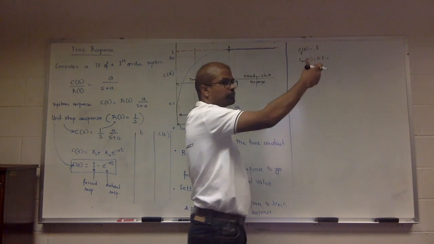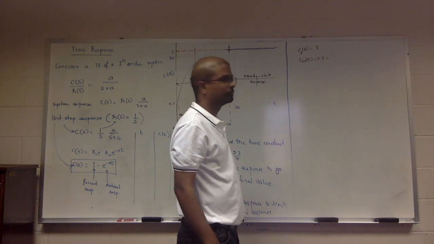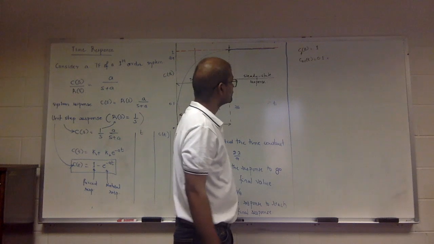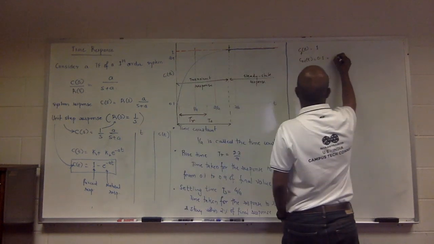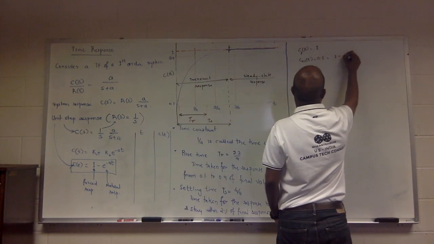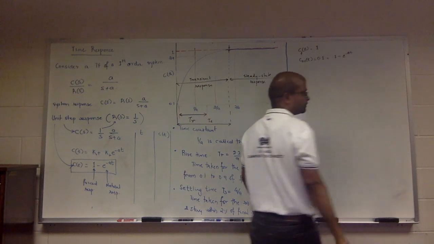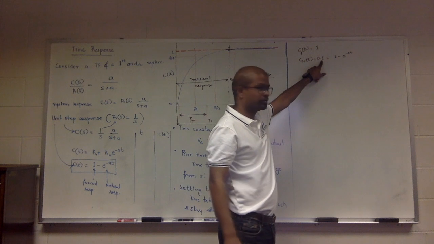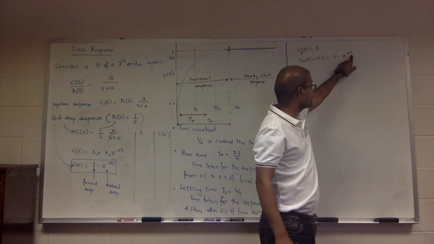Because the final C of t is 1. You understand? You with me? This is 1 minus e to the power of minus at. To reach this, what is the time it takes?